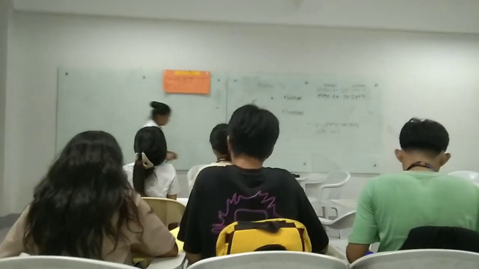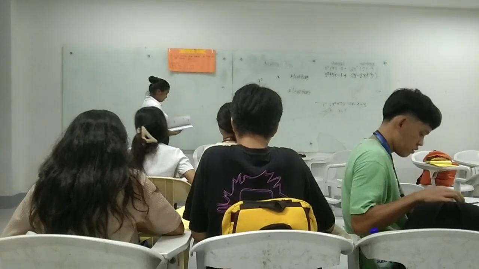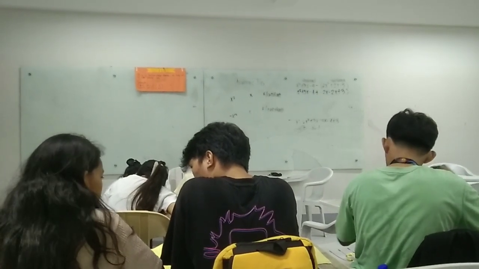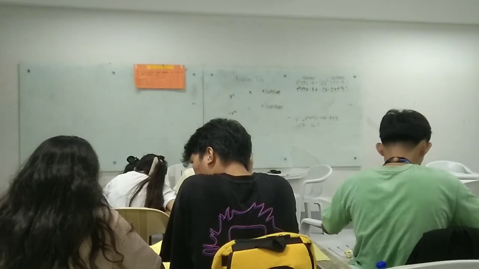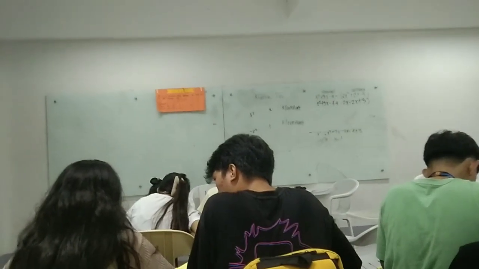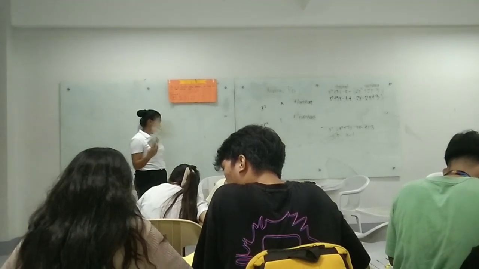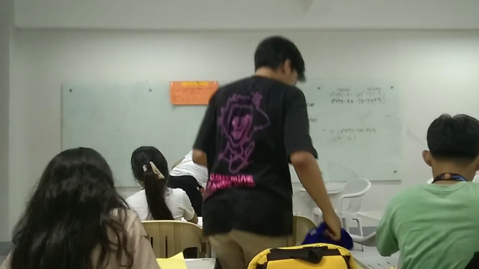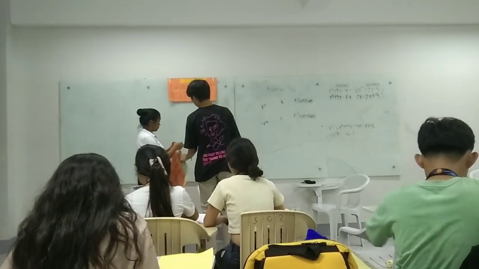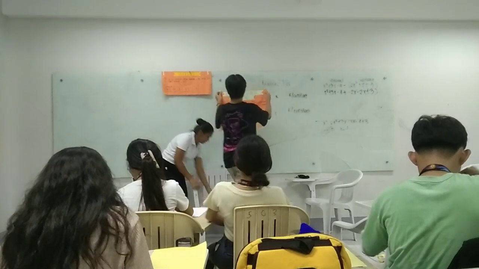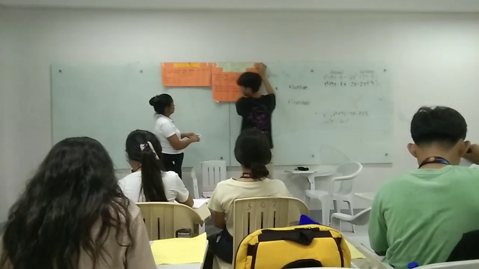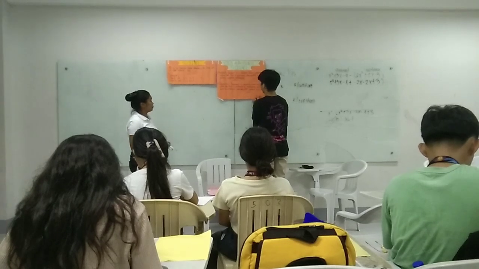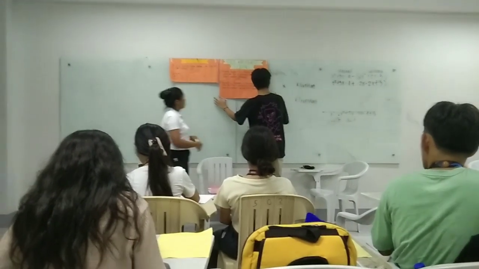So when we say finite, so there are two examples of, so there are two kinds of sequences.